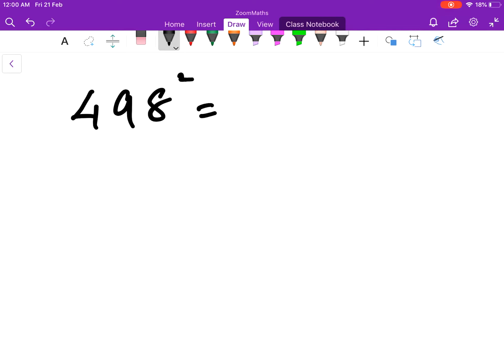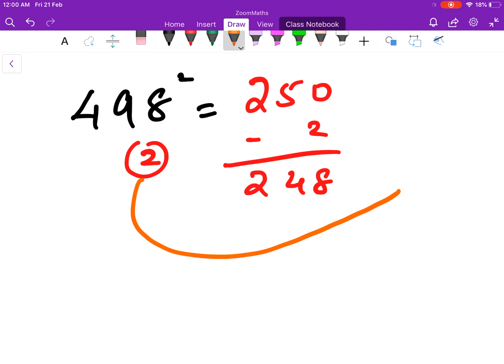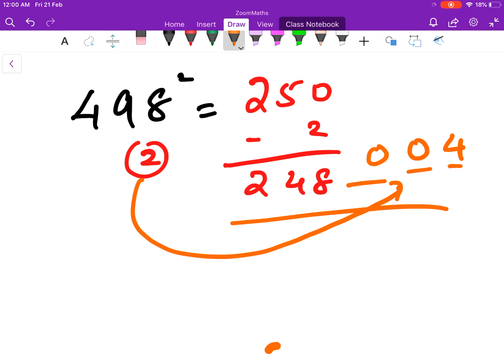Very simple. Your reference number is 250, and now you minus 2 from that, so it becomes 248. Again you square the deviation and put it over here, 004. So your answer is 248004.